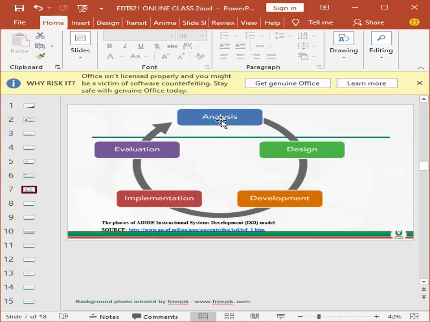We have the ADDIE model, the phases of the ADDIE instructional system design model. A stands for analysis, D stands for design, the second D stands for development, I stands for implementation, while E stands for evaluation.